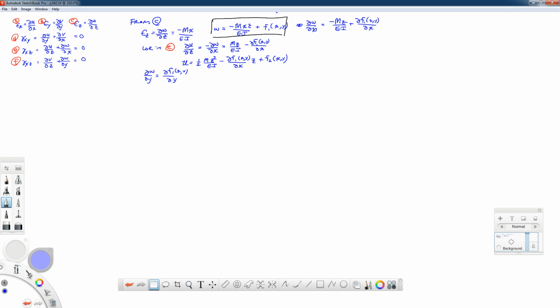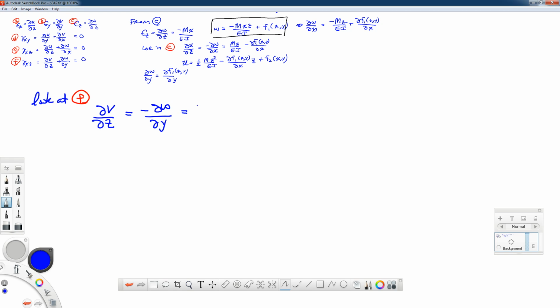All right. Now let's look at equation F. Equation F says that the partial derivative of v with respect to z is equal to the negative of the partial derivative of w with respect to y.